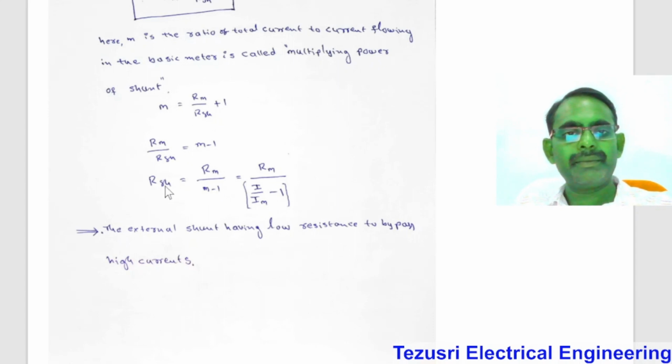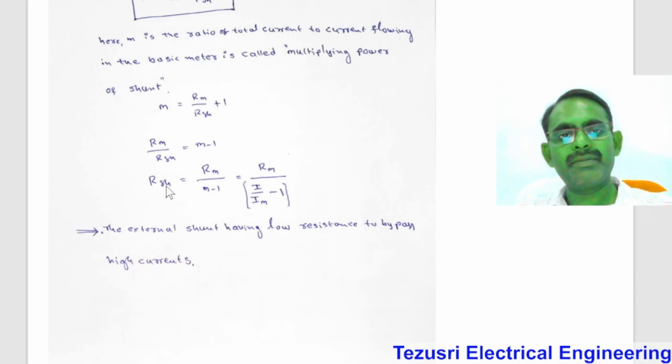Therefore, the calculated shunt resistance equals basic instrument resistance divided by multiplying power of the shunt minus 1. This is written like this. The value of the shunt resistance is very low, because it bypasses the currents which would damage the basic instrument.